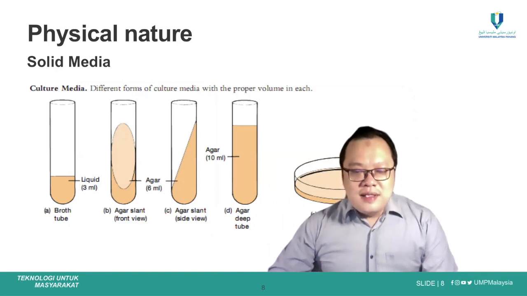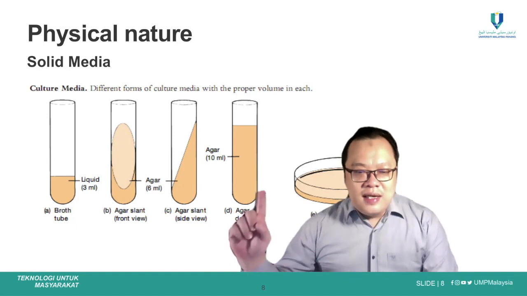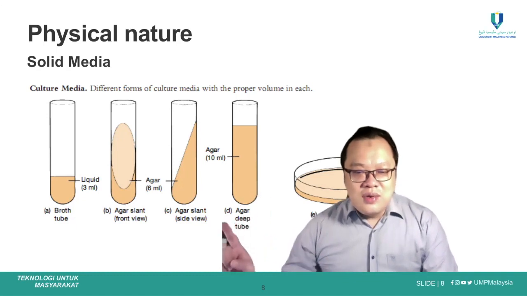So that is the type of solid media that we're going to prepare for isolating a single colony of bacteria, and also for the maintenance of the bacteria culture in the agar slant and also in the agar deep.